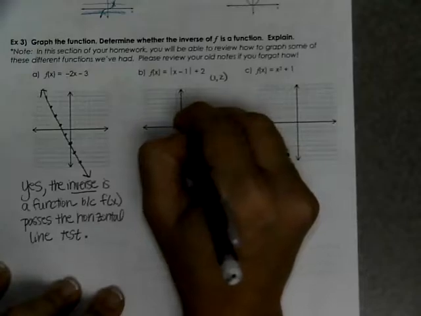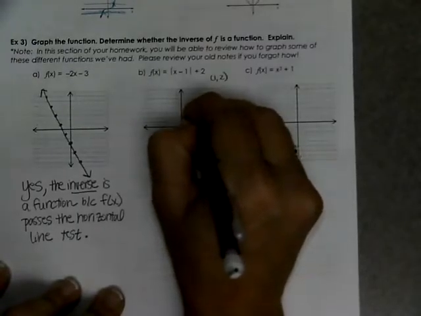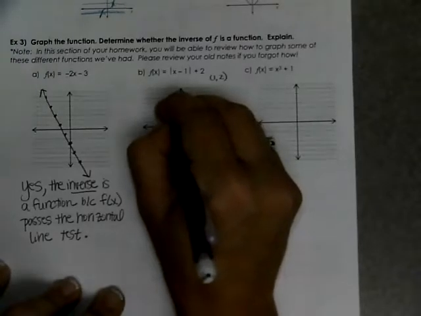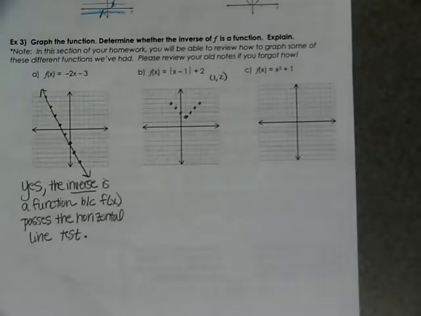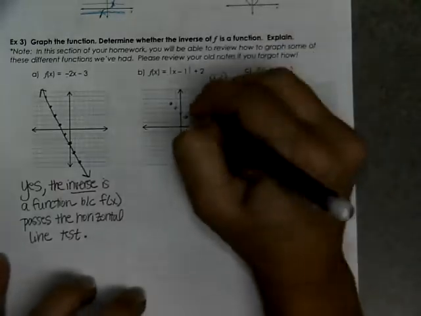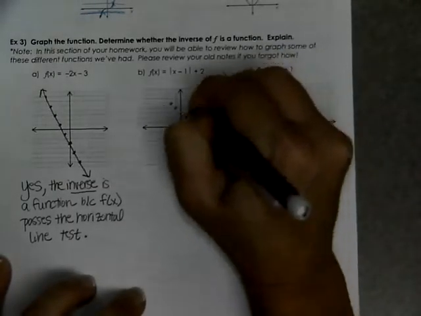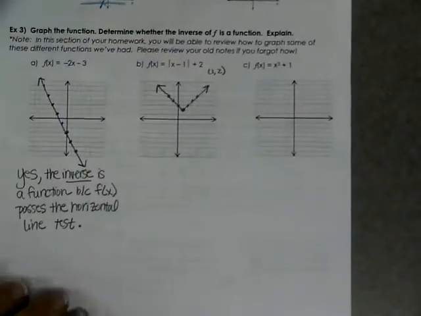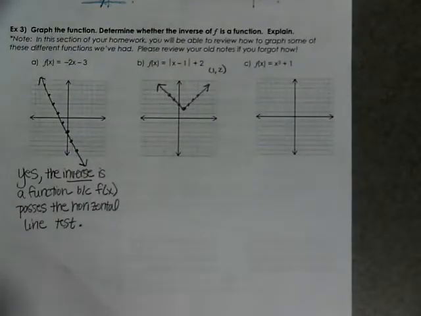So we'll start at the vertex and go up 1 over 1, to the right and to the left, to give it that V shape of the absolute value graph. And then we'll just connect these points. And then that's how we graph absolute value functions.